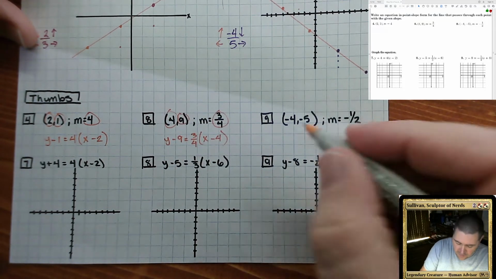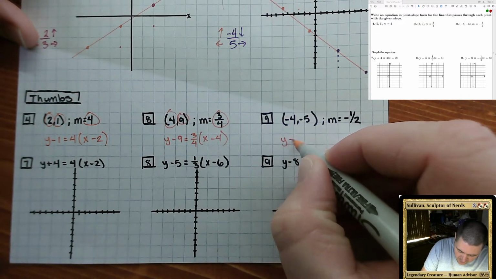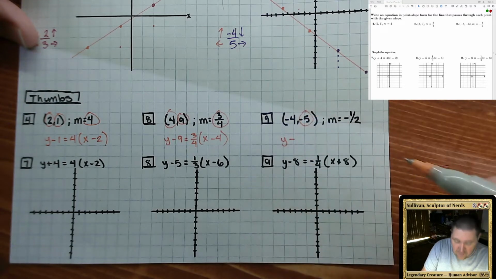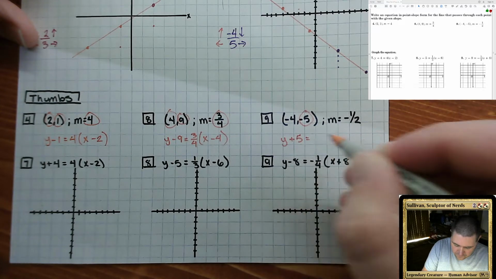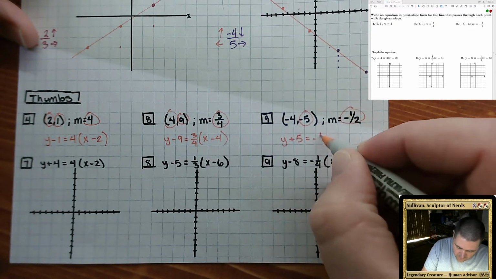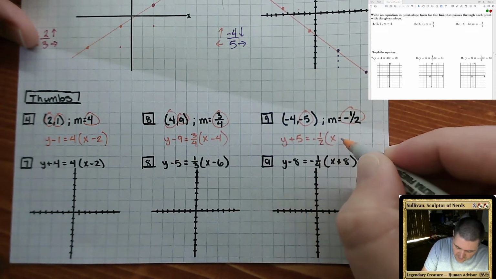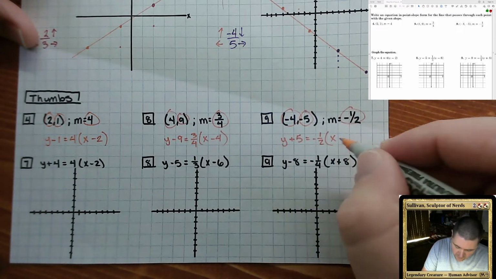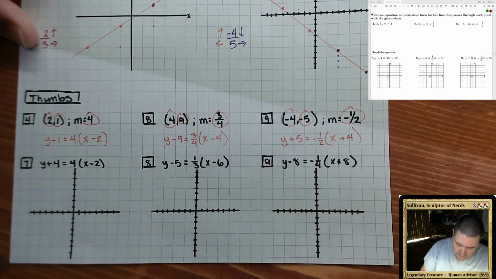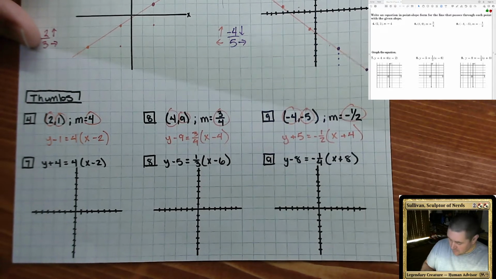Watch your signs. If I say y minus a -5, add the opposite, +5. And x minus, if I'm subtracting a -4, I really add the opposite. So there's my 3 equations.